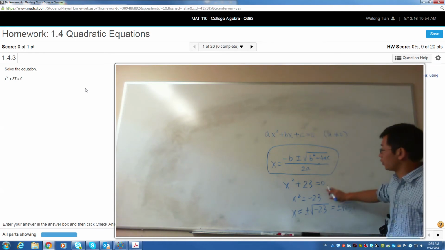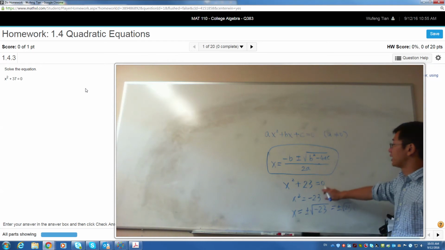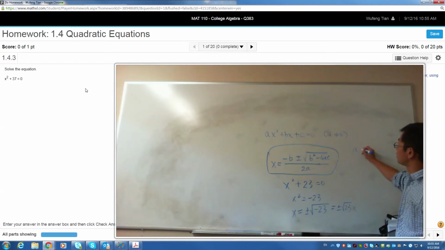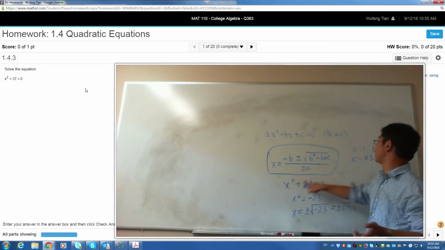So if you use this formula, how do you do this? This is the first way, okay? You see x squared plus 23 equals 0. So from here, a equals 1, b equals 0, c equals 23. There's no b term, so b equals 0.